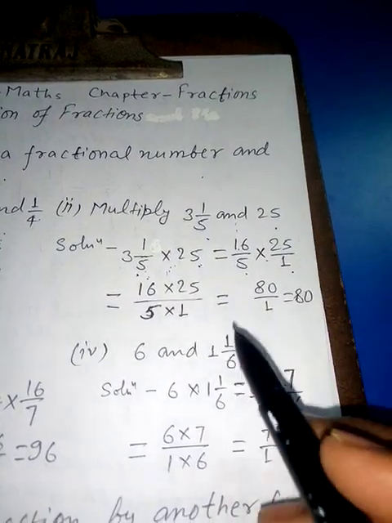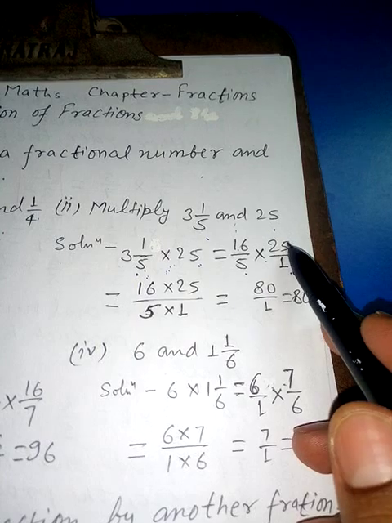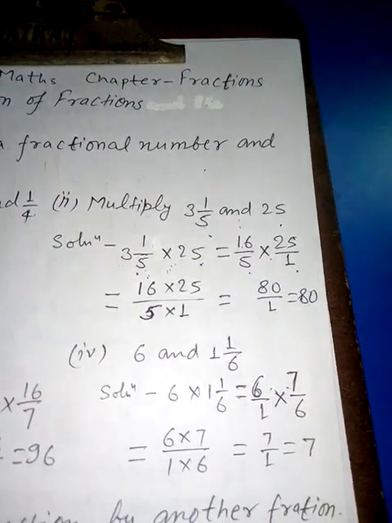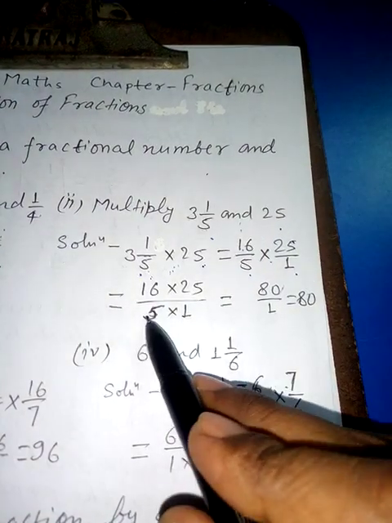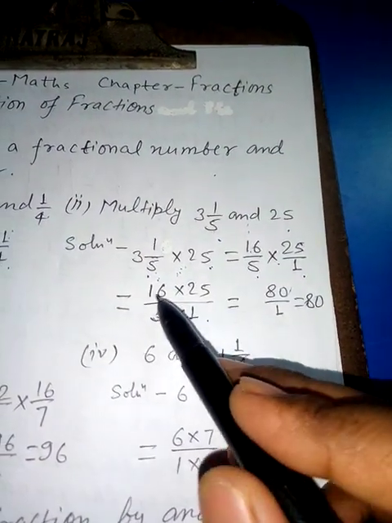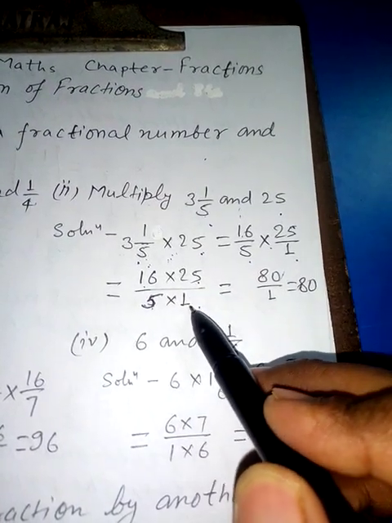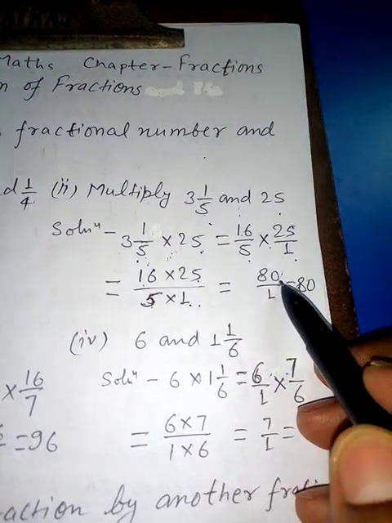Now we have to multiply the numerator to numerator and denominator to denominator. Here 16 into 25 and 5 into 1. But how is it 80?